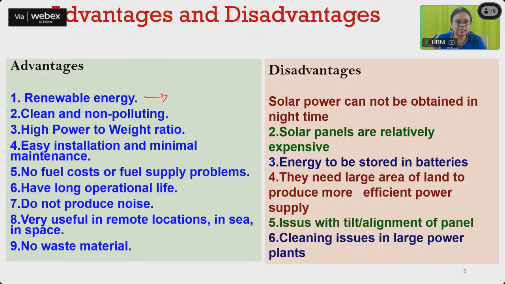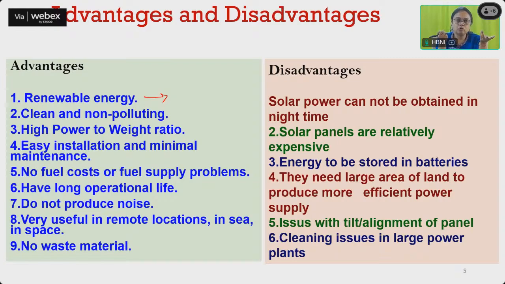Then we have clean and non-polluting, with no emission coming out of it. Then high power to weight ratio. The solar panels are very light. The photograph you were seeing earlier, one cell is just about 300 micron thick. So it has very little weight, but you can get high power from it.